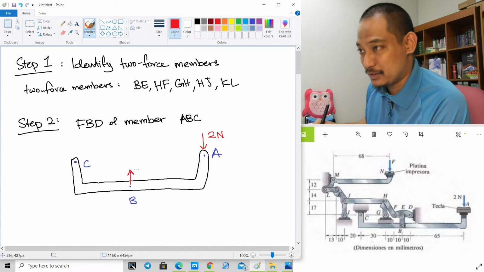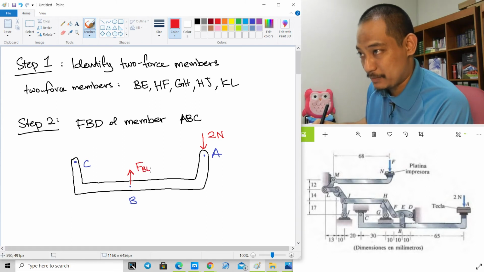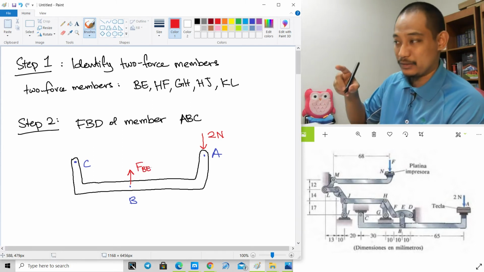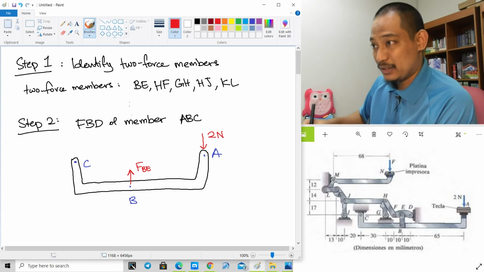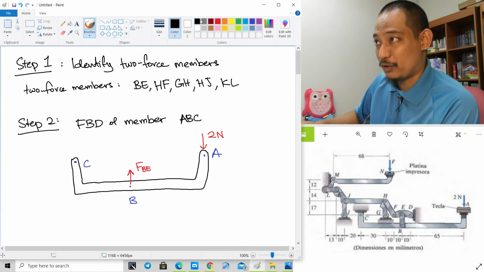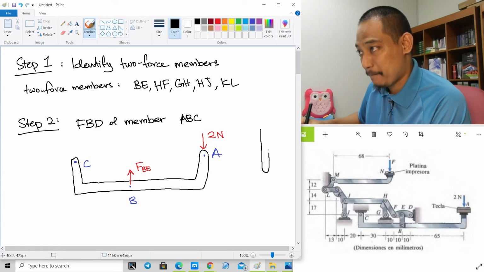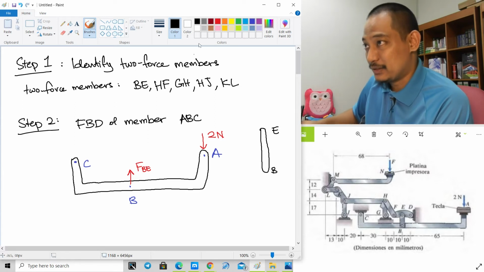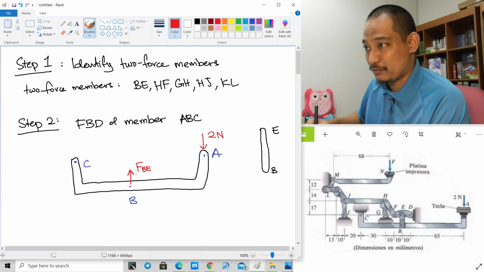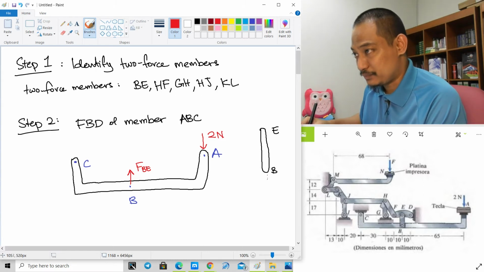So let's say this is FBE. So it will be along the member BE, right? So if I am to draw the corresponding two force member here, corresponding to the force member of BE, so this is B, this is E. The corresponding force of what I'm drawing here will be something like this, right?